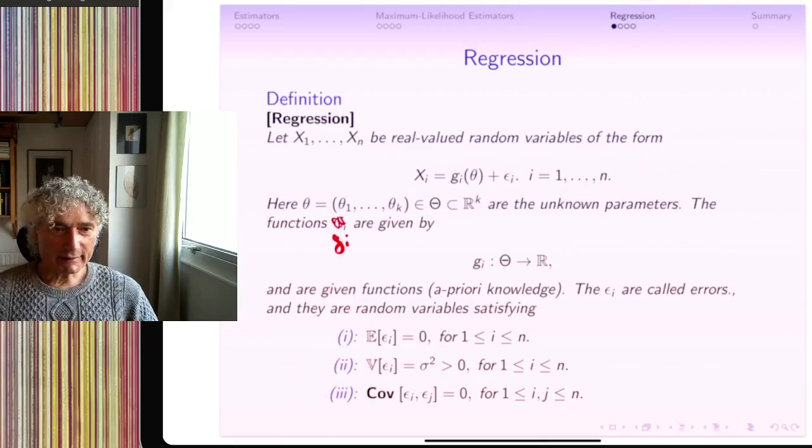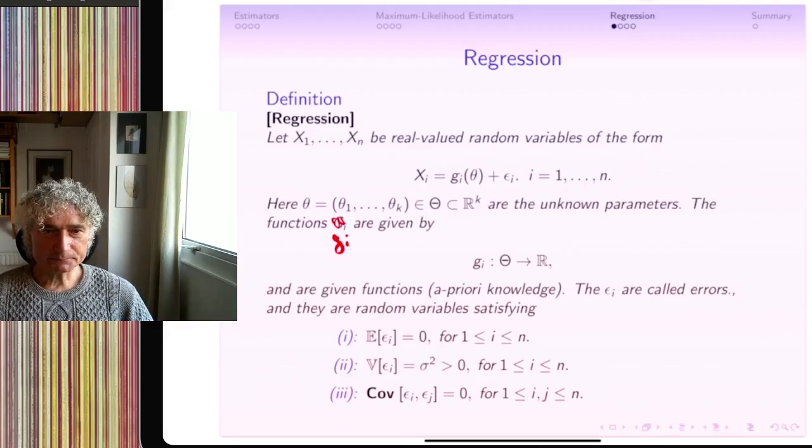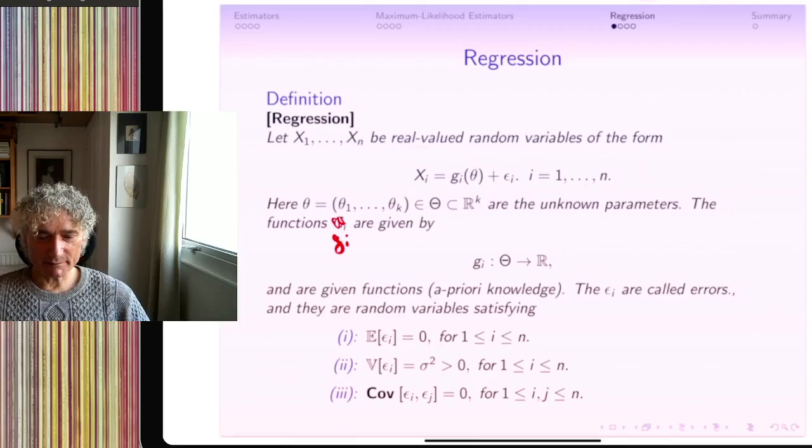The first one is that the expectation of these random variables is 0. So the error might occur, but it doesn't change the expectation of g i of theta.